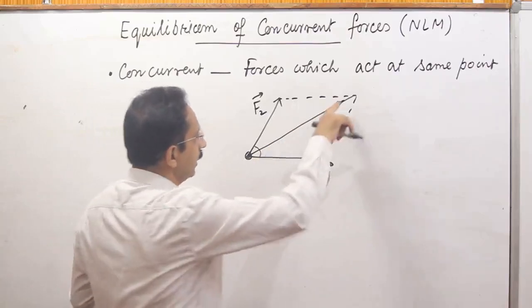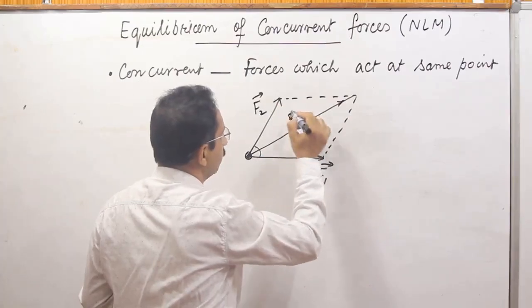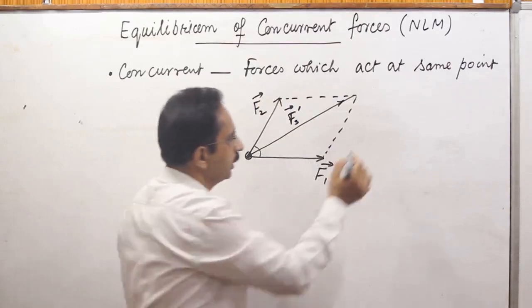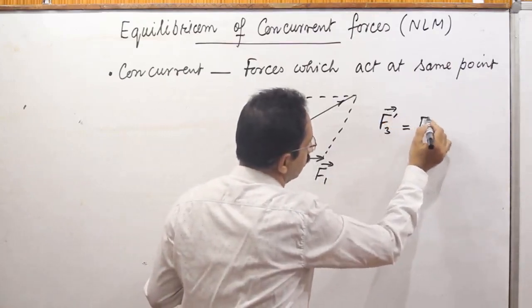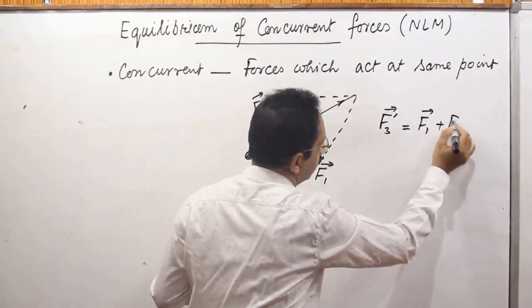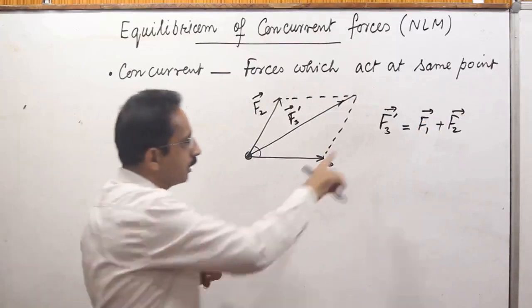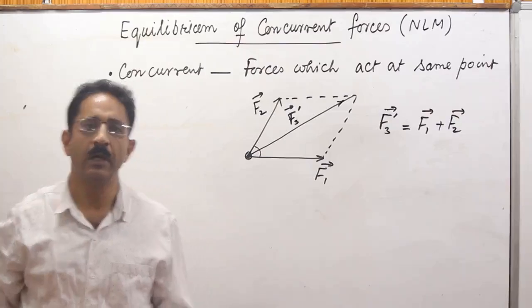So this force, I will call it F3 dash force. F3 dash force is equal to F1 plus F2. And what will be the magnitude and direction of this, we can determine from the parallelogram law again.